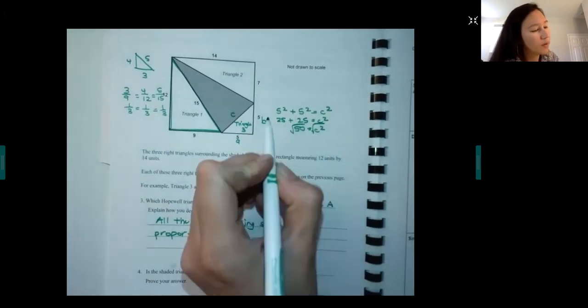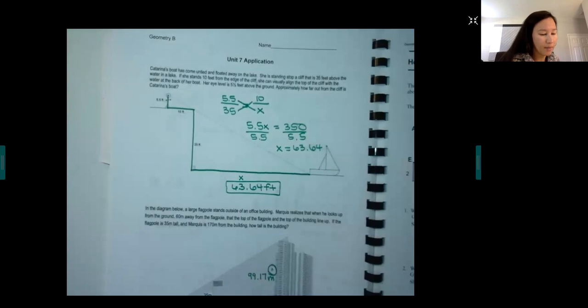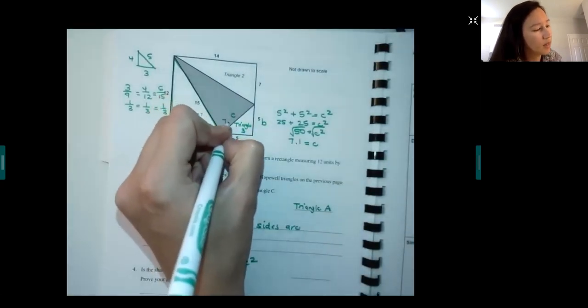We take the square root. And C equals, we just did that. I think it was 7.1, right? Yep. Okay, so now we know this side.